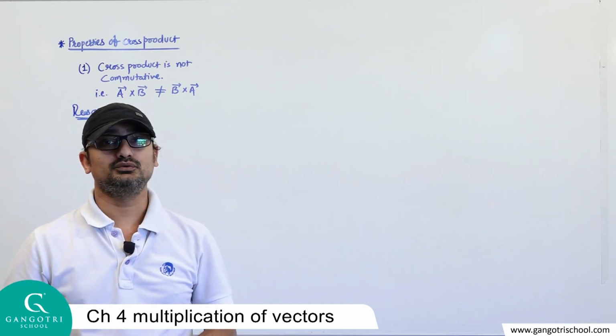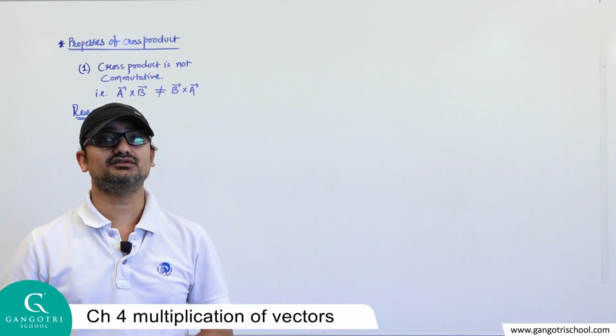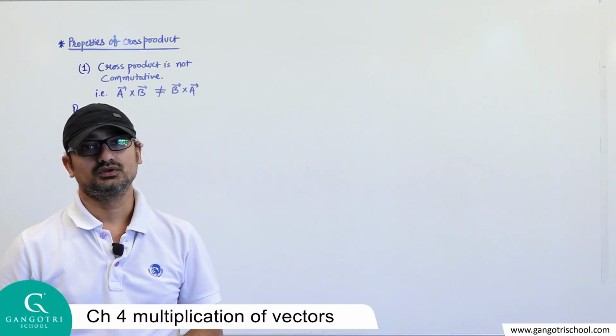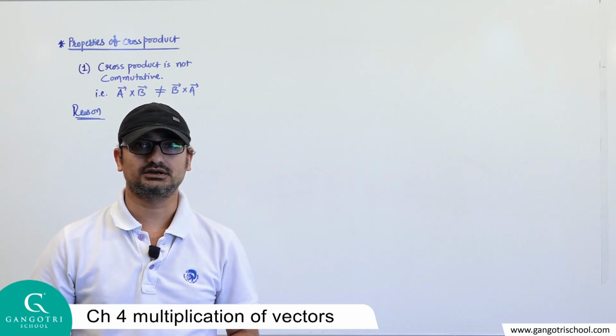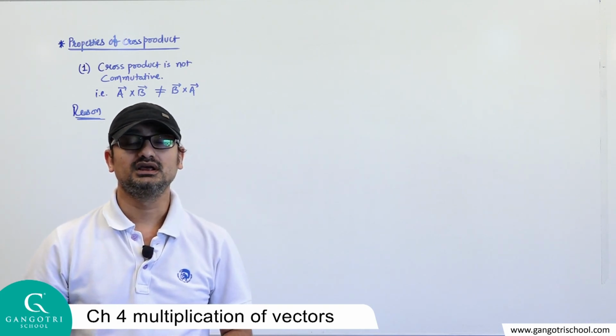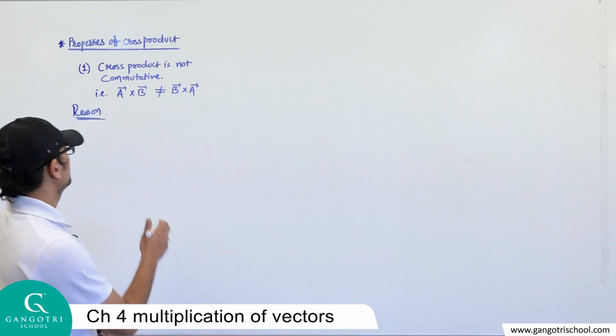Now I will explain how to find the direction of cross product. Remember, there is one rule to find the direction of cross product, and the name of the rule is the right hand screw rule.